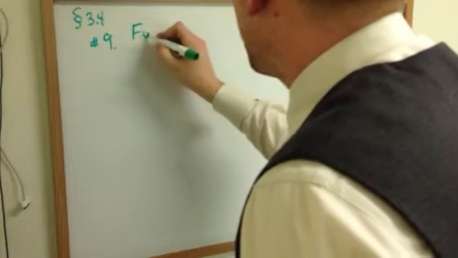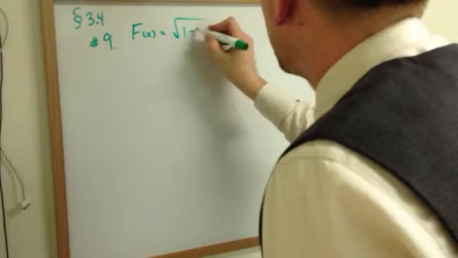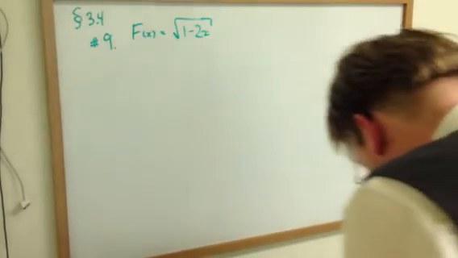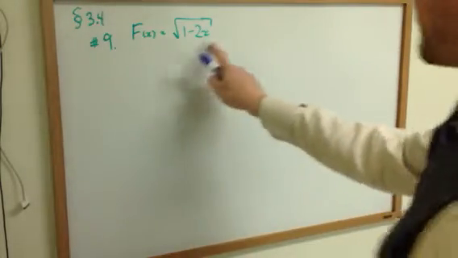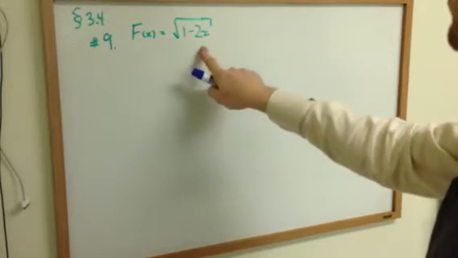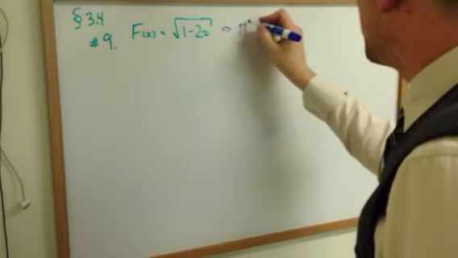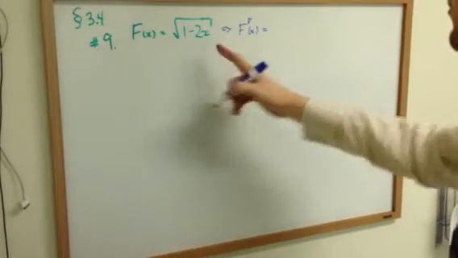If a function f of x is equal to, because I'm just doing them off the top of my head. All right. To me, this looks like a power rule. So I would say the derivative of f of x is equal to the derivative of this.